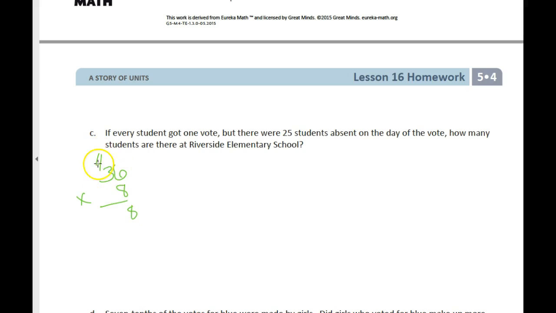Carry 24. 25, 26, 27, 28. So 288 votes. But they're asking how many students go to that school, which means we have to add 25 to that. And I know, let's see, if we've got 5 plus 8, it's going to be 13. 8, 9, 10, 11. Carry, that's going to be 313 students total.